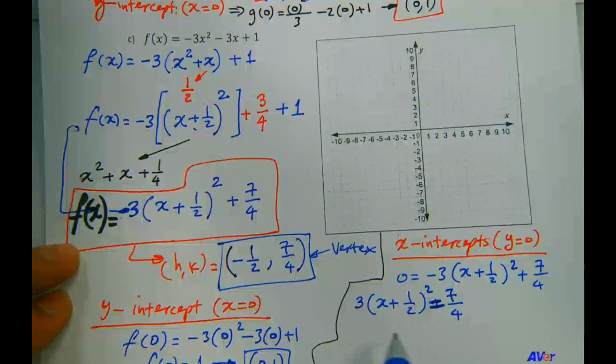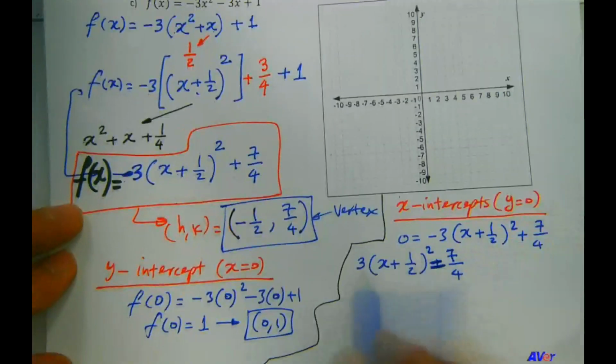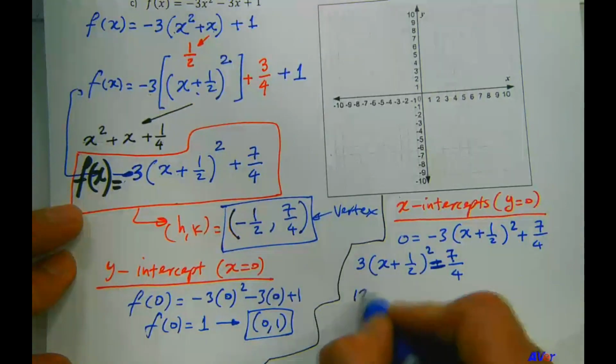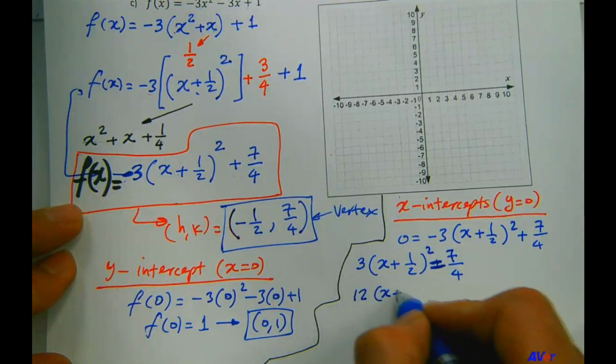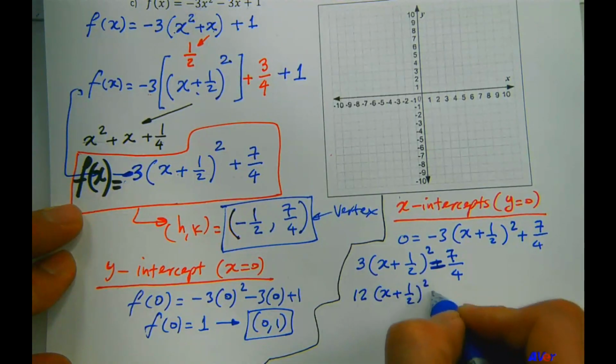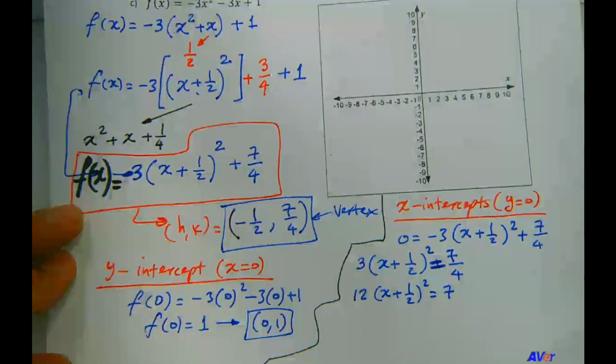Now, let's multiply both sides by 4 because we want to get rid of this fraction. So multiplying both sides by 4, we get 12 times x plus 1/2 squared equals 7. Right?